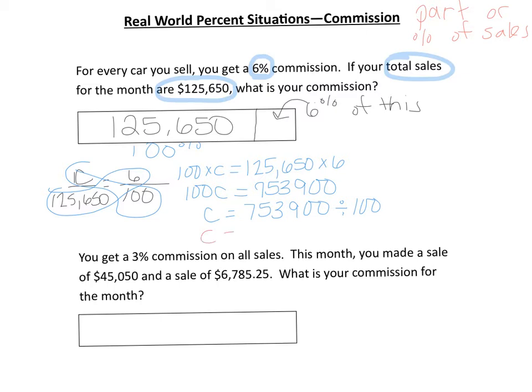And after we cross multiply, we find out that this person made $7,539. If you want to go about it the proportion way.